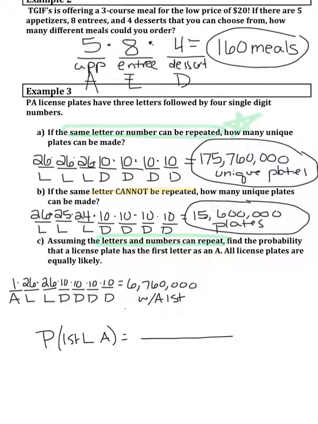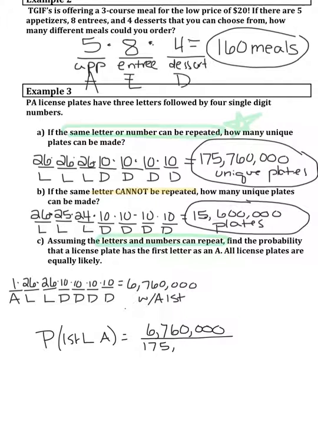If you're smart about this, you'll realize you already found both of those numbers. How many license plates have the letter A? 6,760,000. That's the number we just found. You're dividing that by the total number of plates that can be created if the letters and numbers can repeat. Do you remember what that was? That's from A, guys. That's your answer in A.